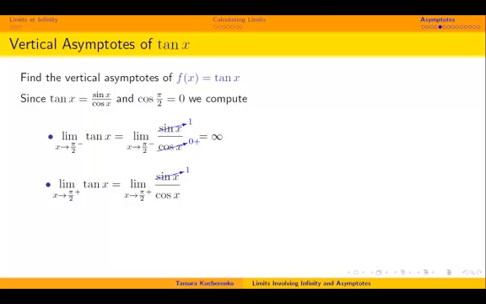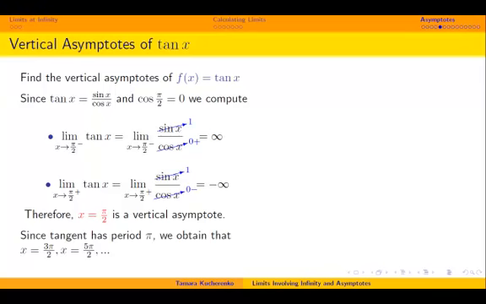Cosine x is negative when x is greater and close to pi over 2. Therefore, the denominator approaches 0, staying negative. So the limit is negative infinity. The line x equals pi over 2 is a vertical asymptote.